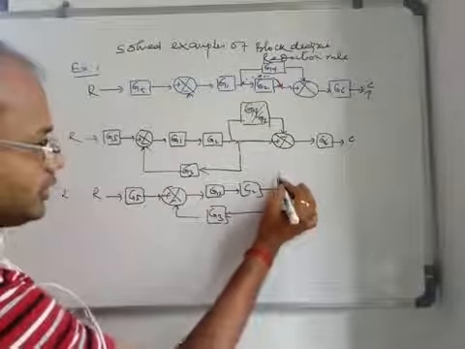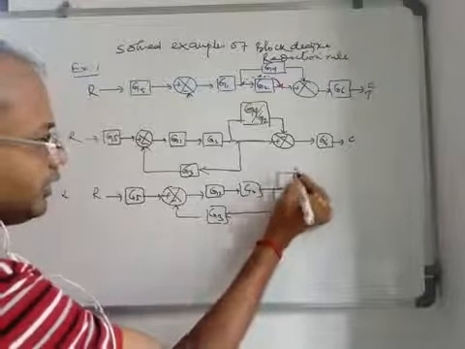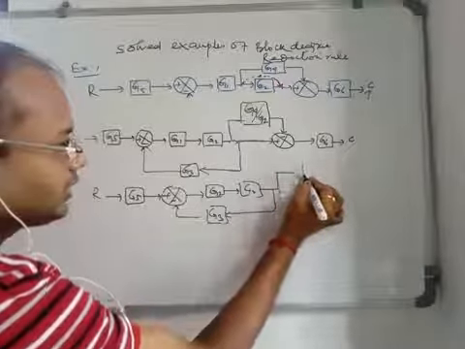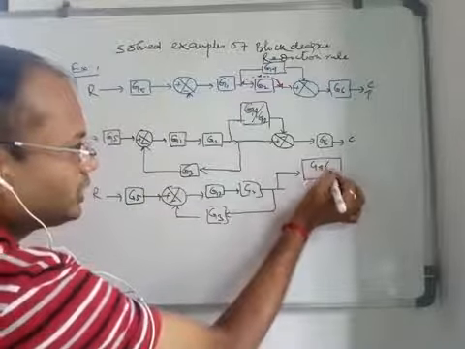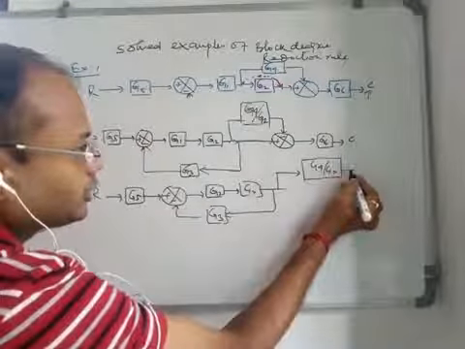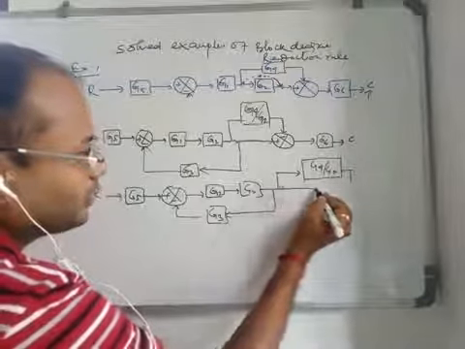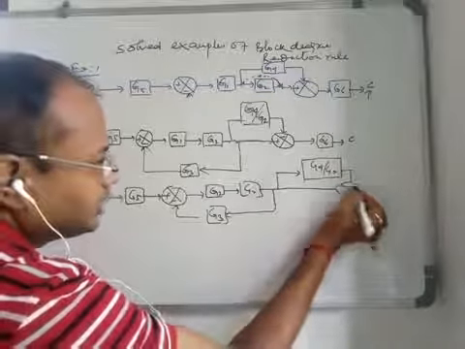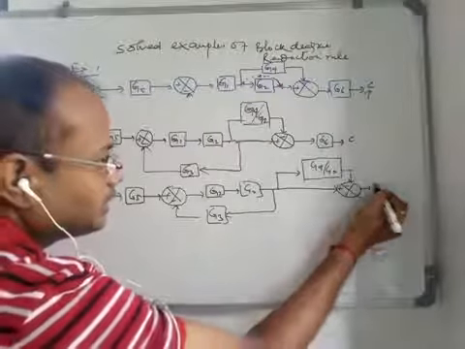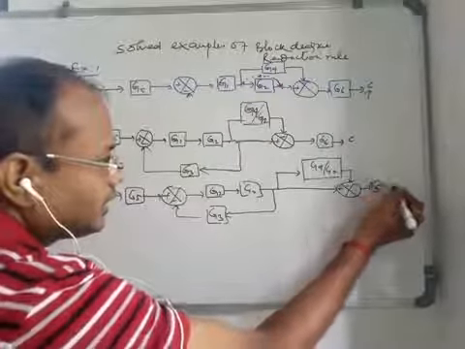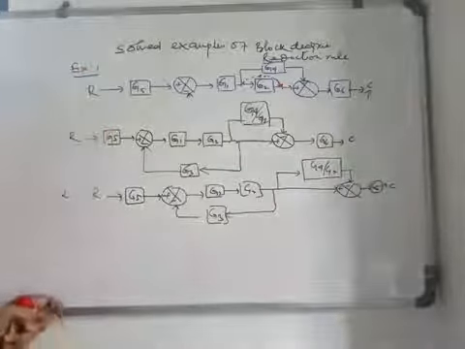There are certain methods which have already been developed to find out the system gain accurately without so much tedious job, because once the system is more complex, the job will be more tedious. And this is your G6 and this is your C, right?